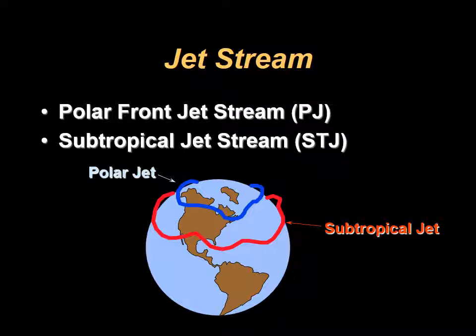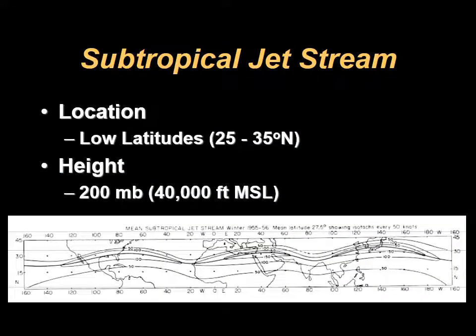The subtropical jet stream is found at a much lower latitude, typically between 25 and 35 degrees north, lower than the polar jet stream, as we mentioned. Usually the subtropical is up about 200 millibars or about 40,000 feet.